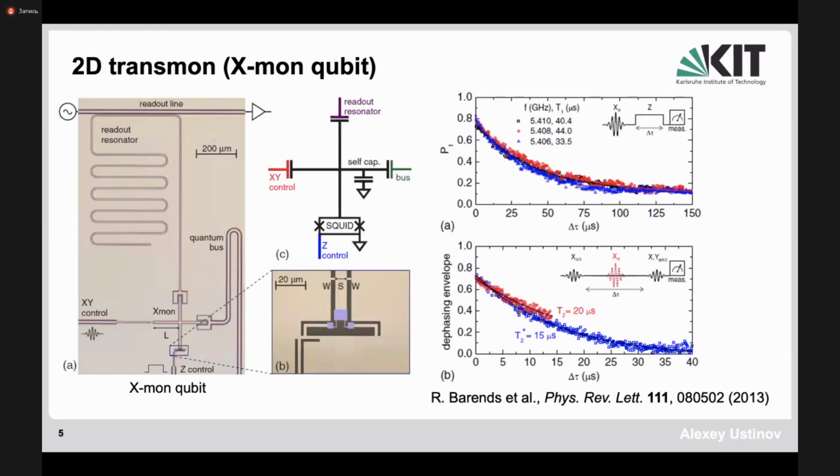And I told you that this device quickly became the device of choice among physicists and experimental groups which were developing superconducting qubits.